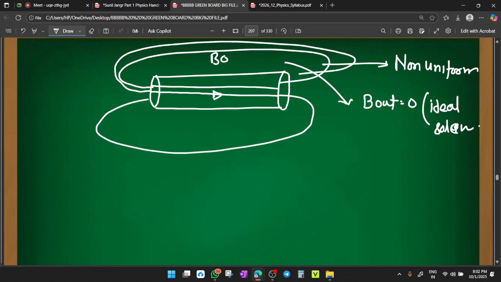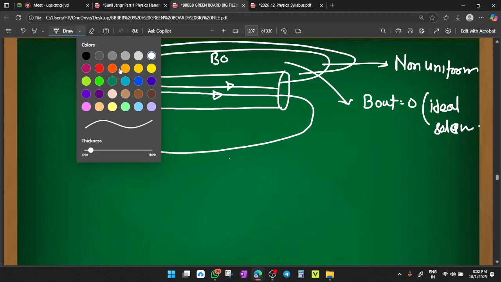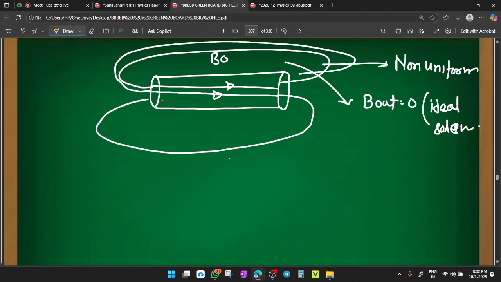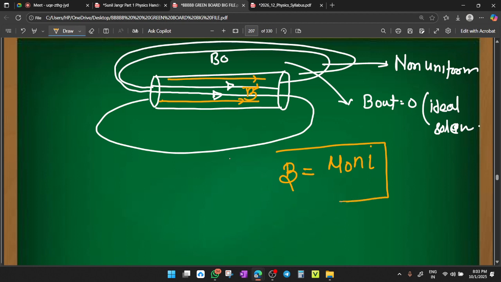But inside the solenoid, the magnetic field is uniform. Very important. Inside the solenoid, the field is uniform, and the magnitude of the magnetic field B equals mu naught n i.